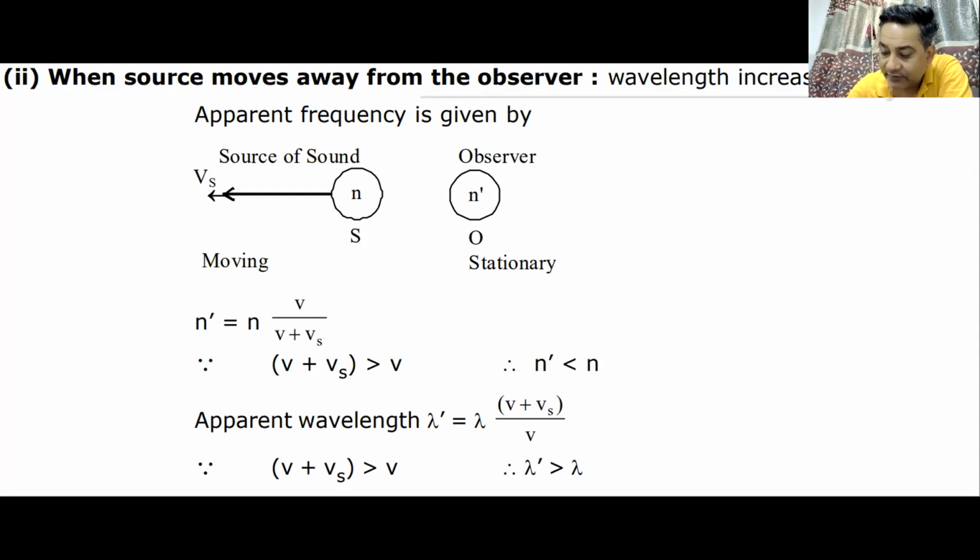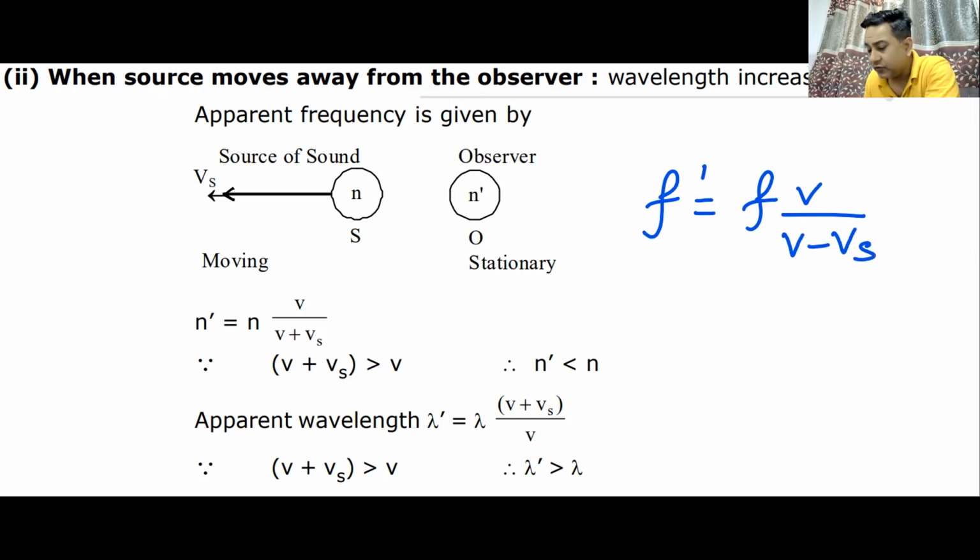The frequency observed was the original frequency multiplied by V upon V minus Vs, where Vs was the velocity of the source. This frequency was greater than the original frequency, and the wavelength was smaller than the original wavelength.